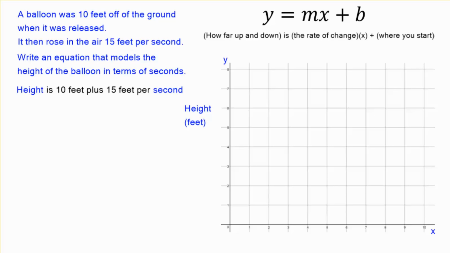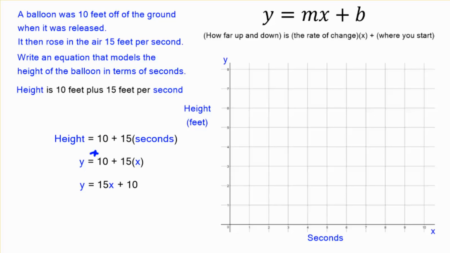Our height in feet is going to be the important part, the y, in terms of seconds. Seconds is going to be our x. So let's rewrite: height is equal to 10 plus 15 per second. Y equals 10 plus 15x. Remember, that's a positive 10. And we can just flip-flop these to make it y equals mx plus b. Y equals 15x plus 10. Remember, that's a positive 10 to go with our plus 10.